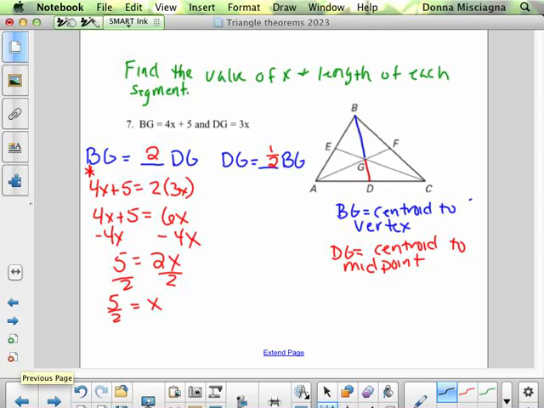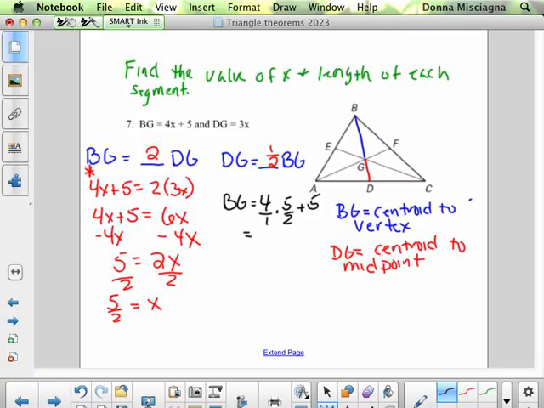So we just got to plug in the 5/2. So BG is 4. I'm going to put a 1 there just because I think it makes it easier to multiply. 4 times 5/2 plus 5.